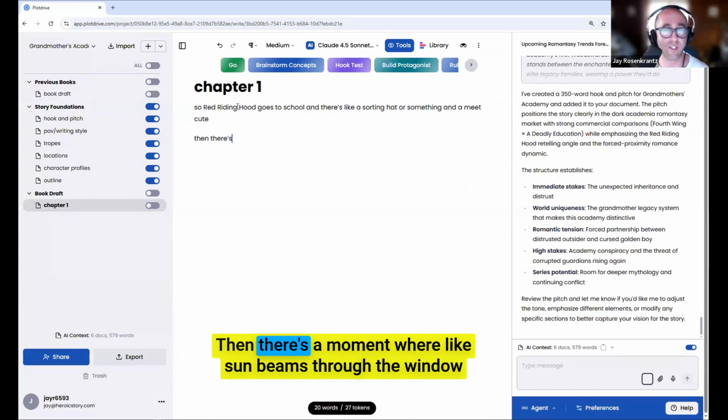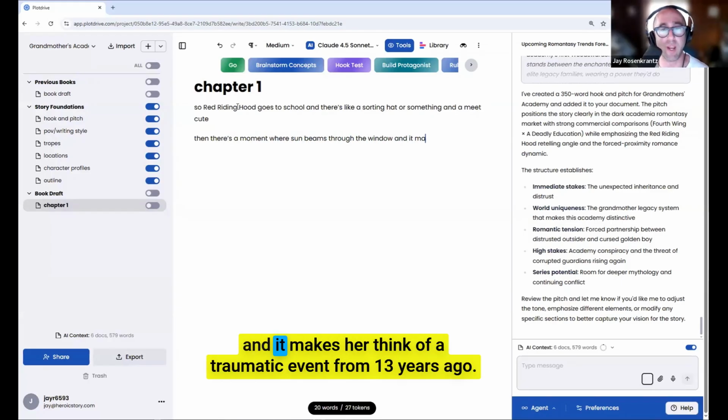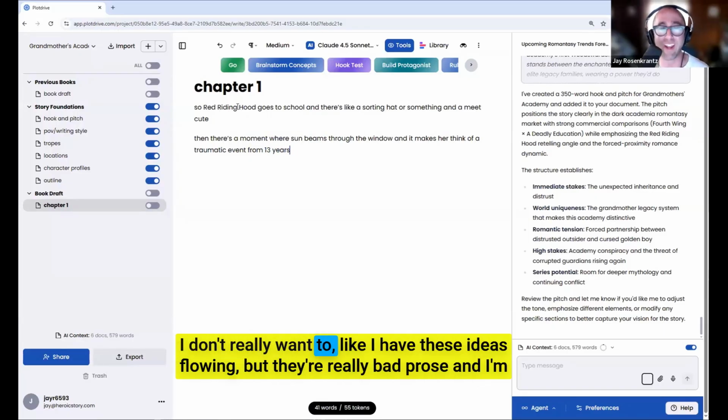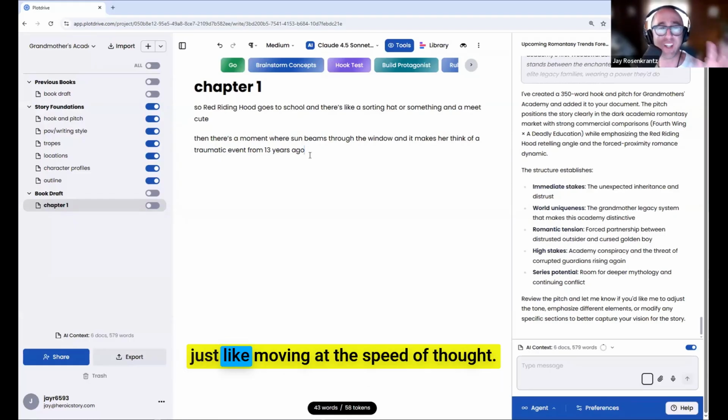Then there's a moment where sunbeams through the window make her think of a traumatic event from 13 years ago. I have these ideas flowing, but they're really bad prose, and I'm just moving at the speed of thought.